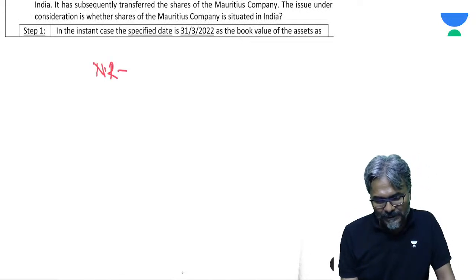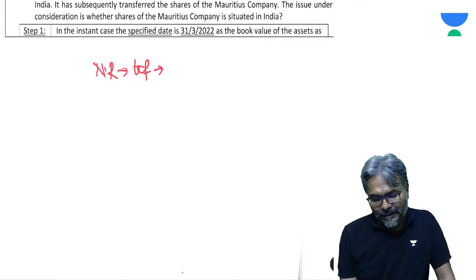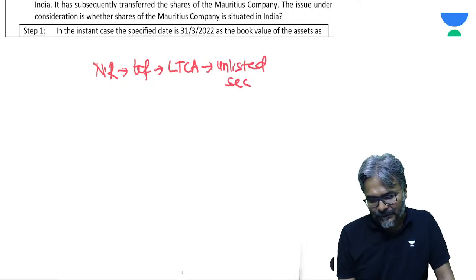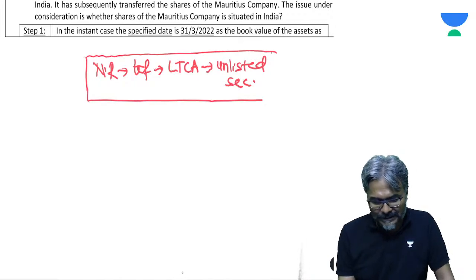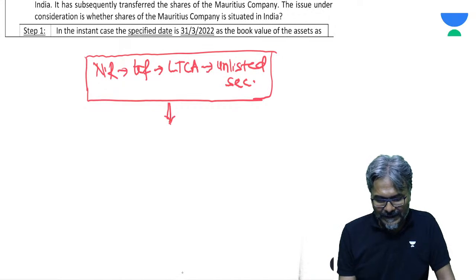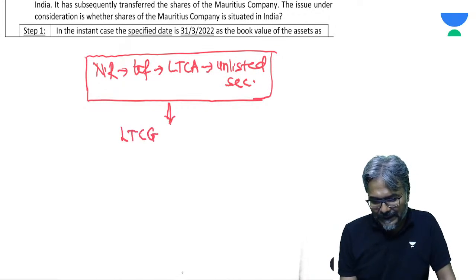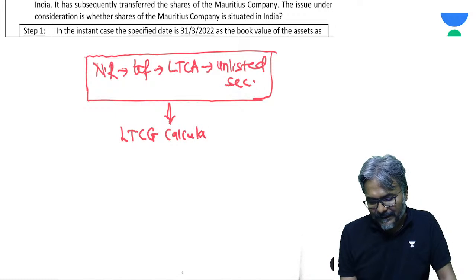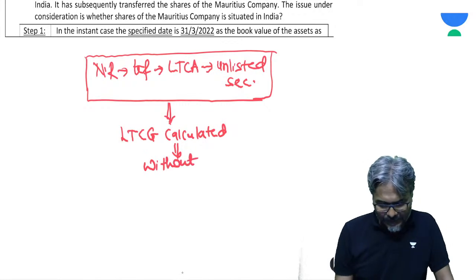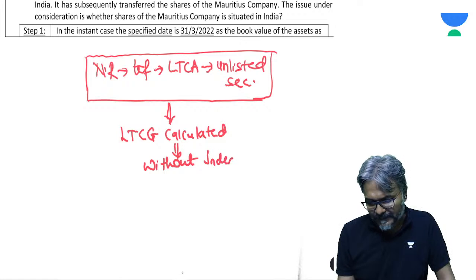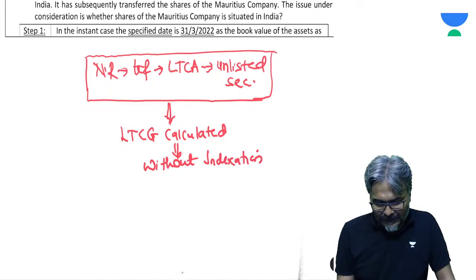If a non-resident transfers a long-term capital asset which is an unlisted security, if this combination is there, then the long-term capital gains will be calculated primarily without the indexation benefit. I'll come to that, Ashwini. Without indexation benefit.